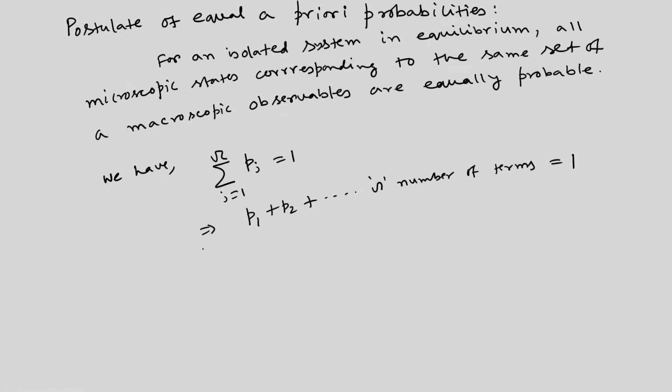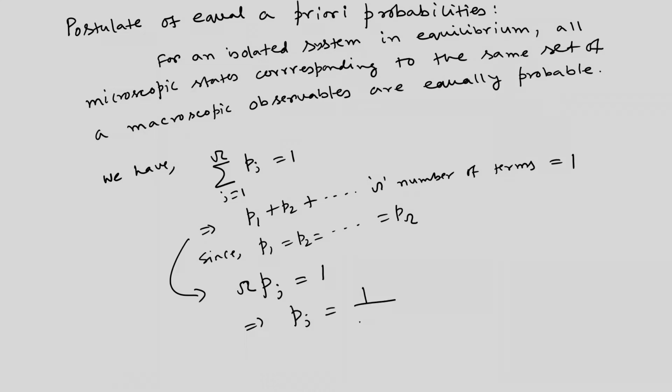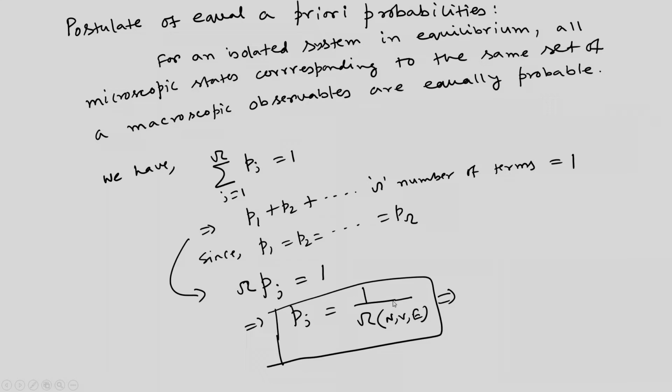Since p1 equals p2 equals p omega, we can write omega times pj is 1, or pj is nothing but 1 by omega.